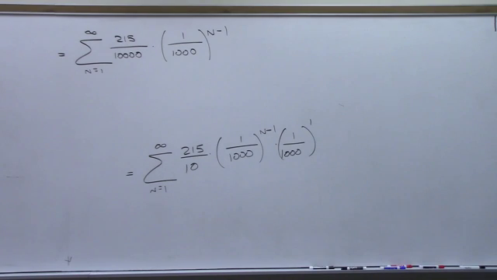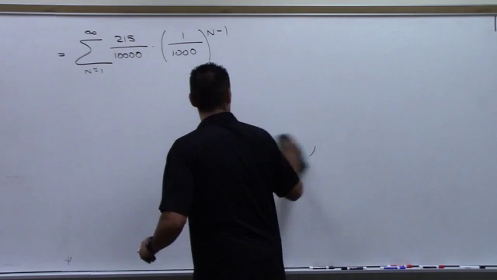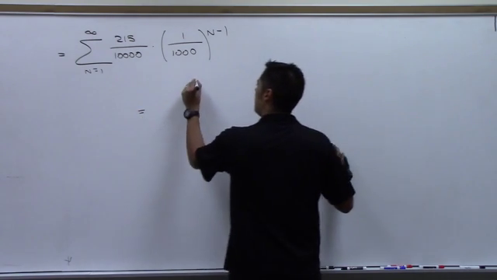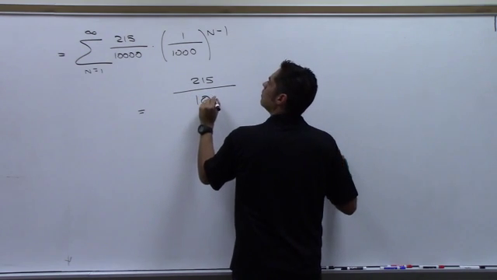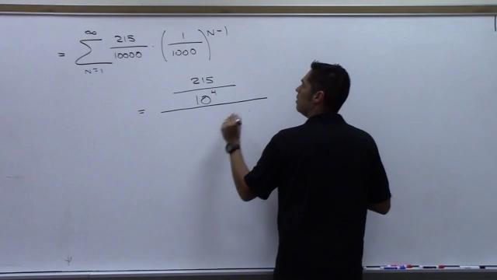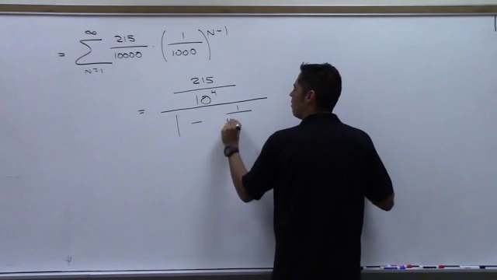So what is a? 215 over 10,000. What's r? 1 over 1,000. Is r less than 1? Yes, this should converge. And it should actually converge to a over 1 minus r. I'll do 1 over 1,000.